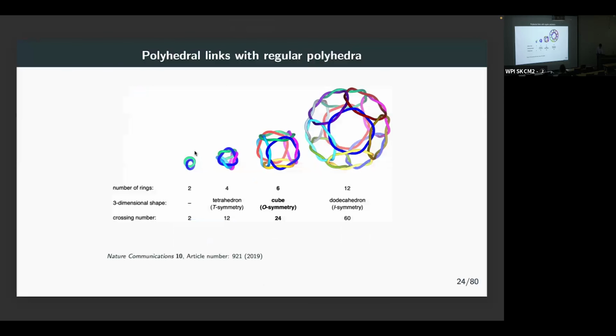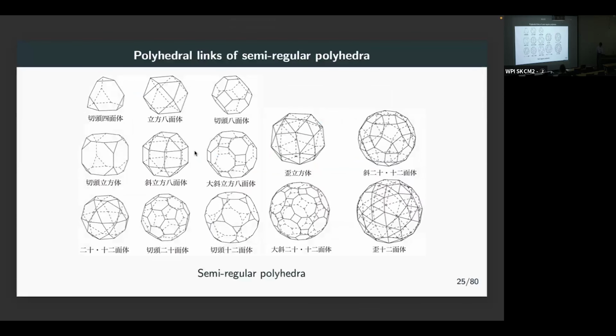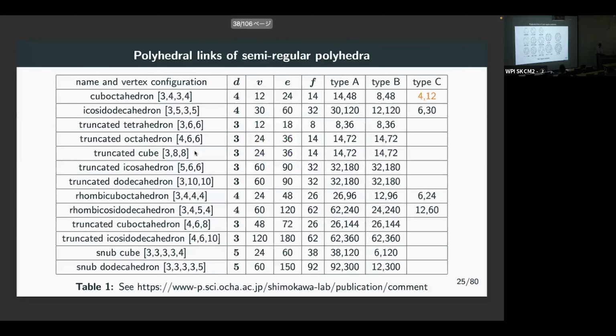Okay, so this is the example. And actually, you can prepare a different one, semi-regular polyhedra. Then you can also make different knots and links. And these are the examples. If you make a polyhedron, then these are the information.